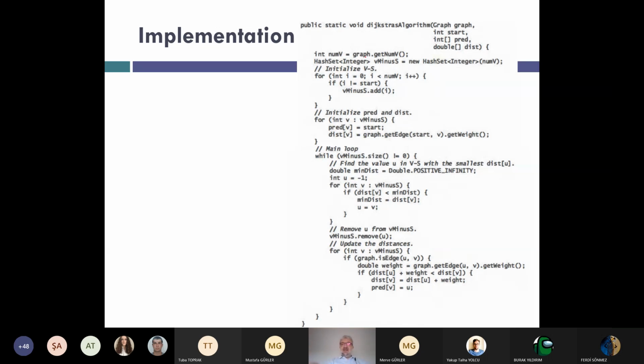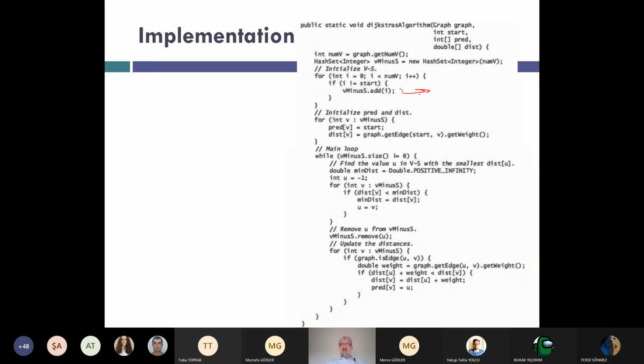So we get the number of vertices from the graph, num_v. We are going to use it in many places. So we create a hash set of this many elements and add all the vertices one by one, starting from 0 to num_v, but except the start vertex, into the hash set.